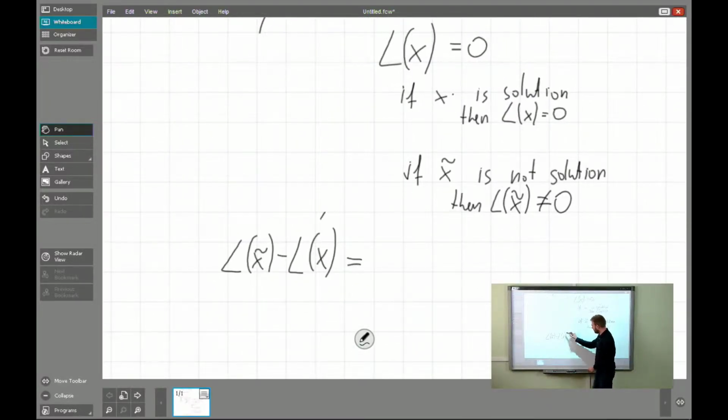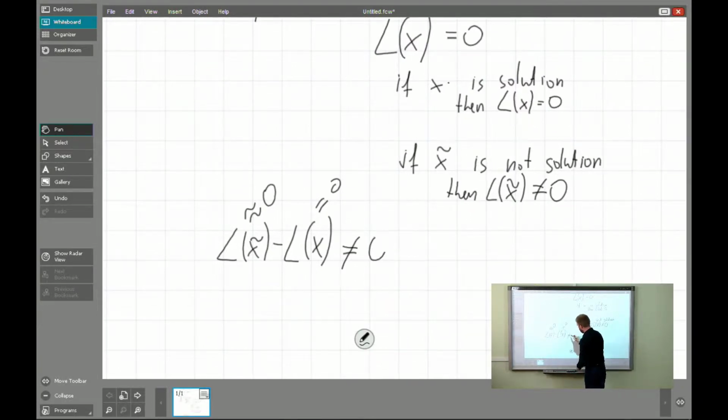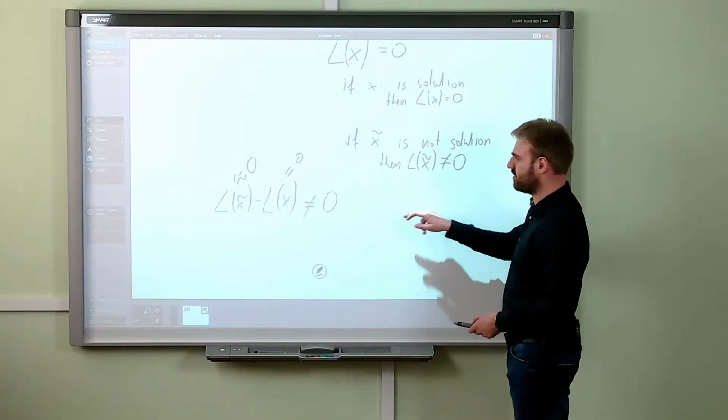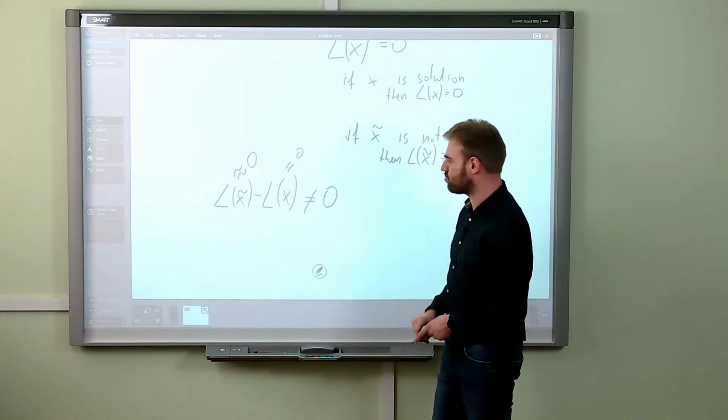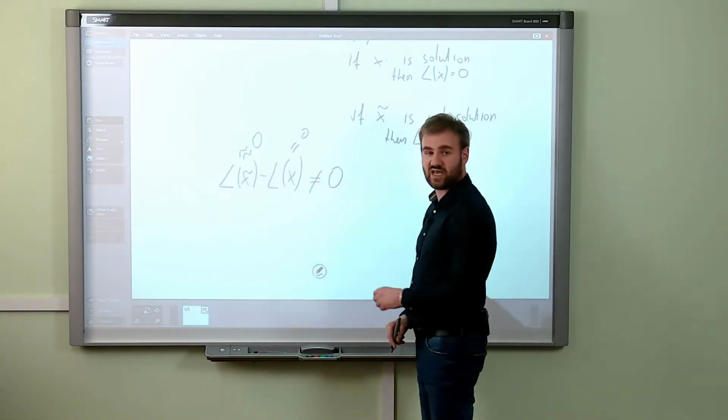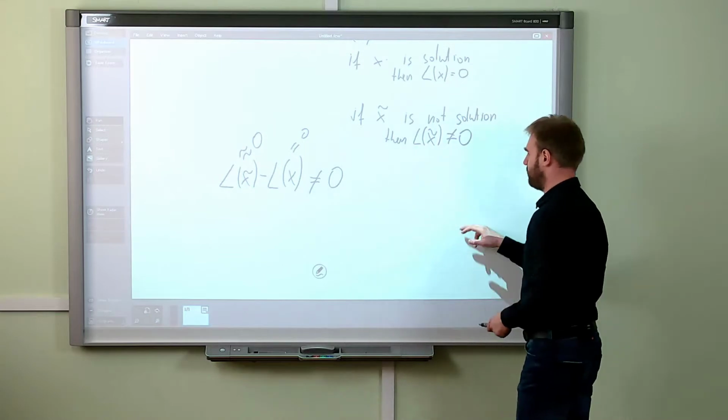And of course, because that thing is 0, and that thing is not 0, or maybe is only approximately 0, then the difference cannot be 0. Of course, it is possible that there will be some points where it will be 0, but it's not true for all t, for the whole time domain.